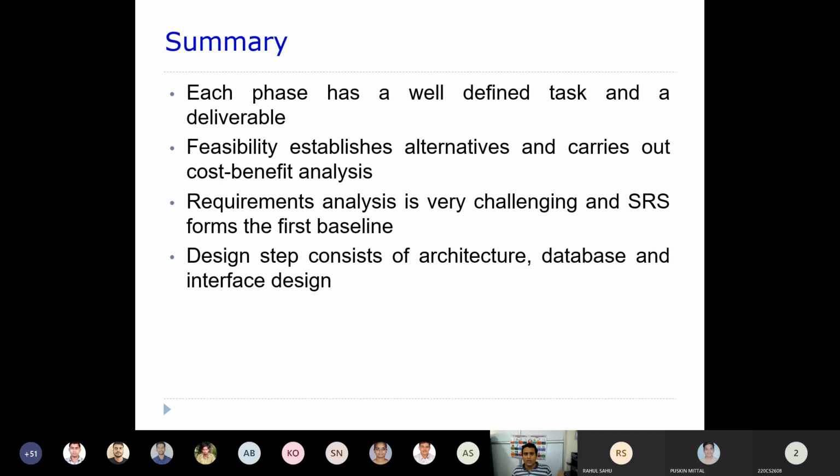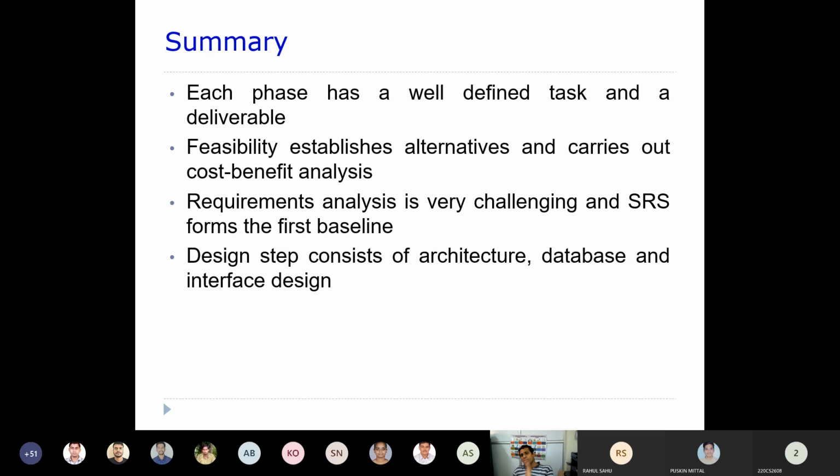So usually when you talk about all of these phases, the summary here is that each phase has a well-defined task and a deliverable. That means each and every phase has a well-defined task, and it also gives you a single output. Like SRS is part of the analysis phase, the system design document is from the design phase, the detailed design document from the detailed design phase, and the testing report may come out of the testing phase.